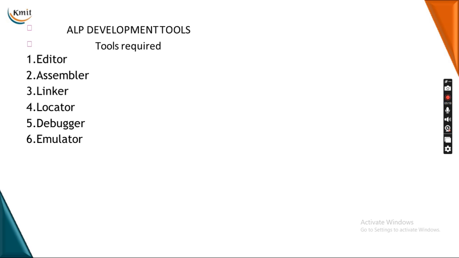And fifth, debugger, it debugs your program, and the emulator provides the output to the user. These are the various tools we require in order to write a program in assembly language and get the output using the 8086 microprocessor.